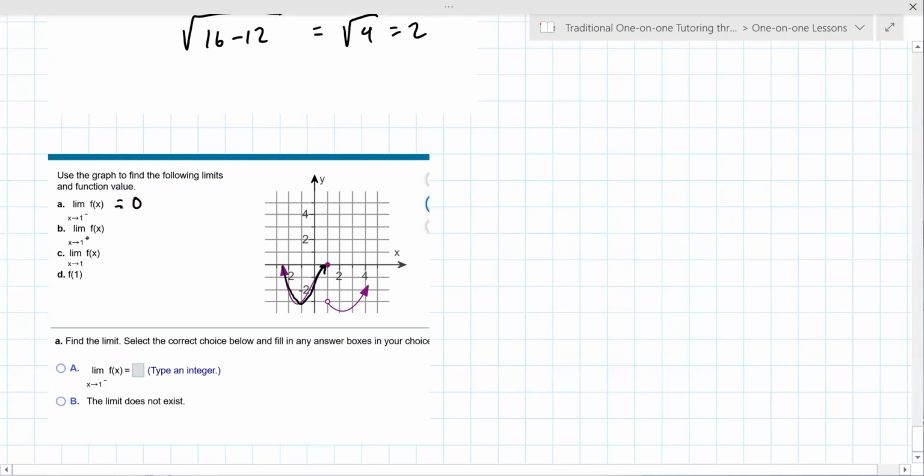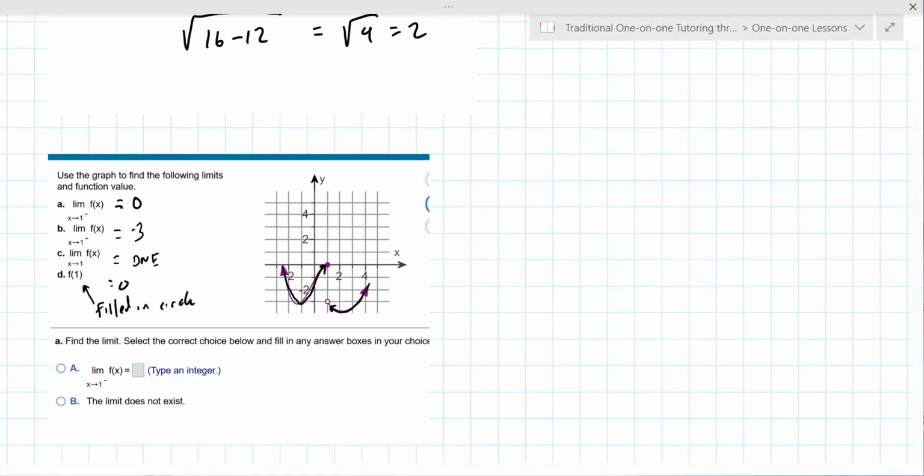How about the limit as x approaches 1 from the right? So from the right, what's the y value there? -3. Are they the same? No. So the limit as x approaches 1 does not exist. What is the output at 1? What is the value at 1? Where's the filled in circle? 0. Yeah. Okay, cool.